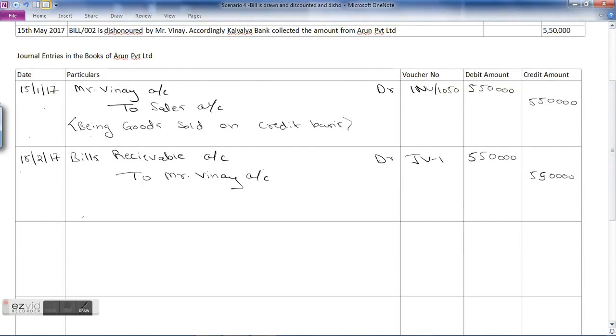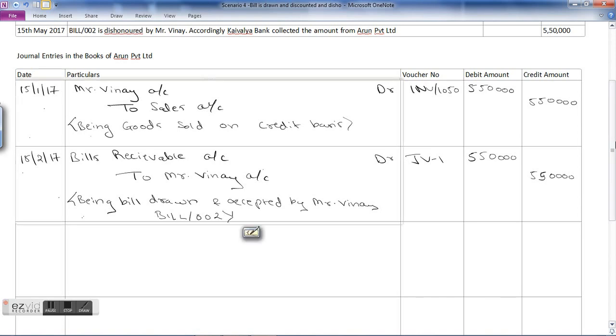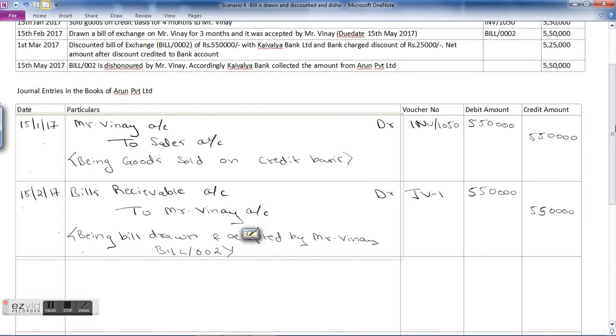The narration here is being bill drawn and accepted by Mr. Vinay. And bill number is 02.